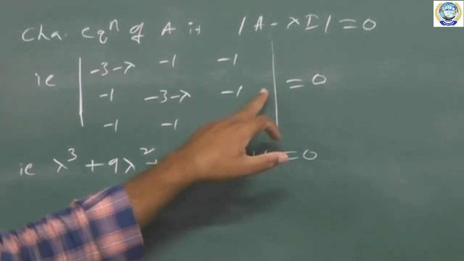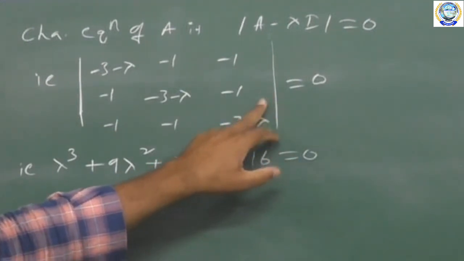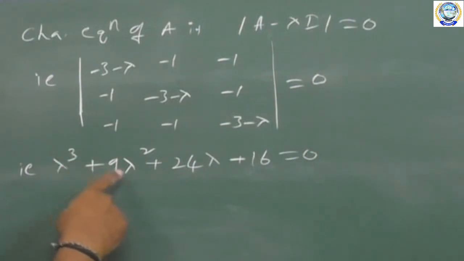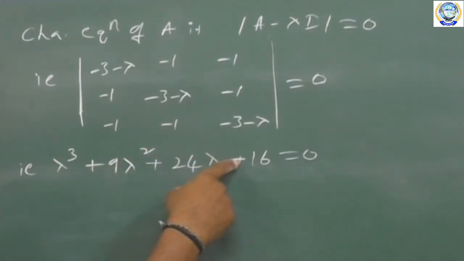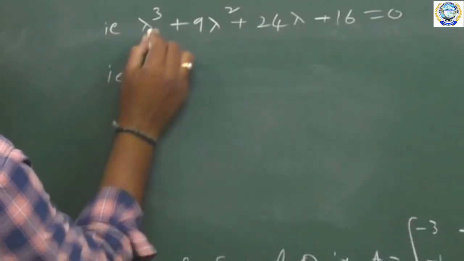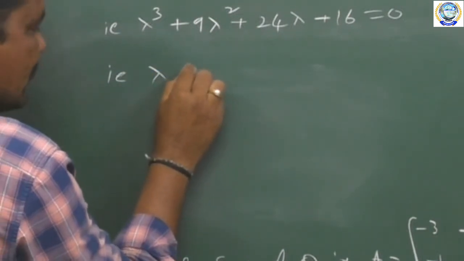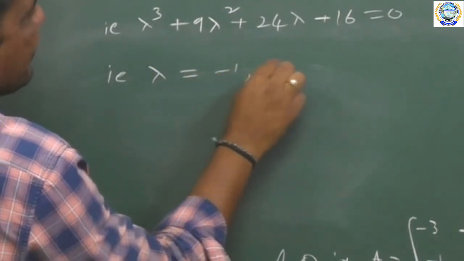To simplify the third order determinant, we get the equation λ³ + 9λ² + 24λ + 16 = 0. From this we get the three roots, that is λ = -1, -4, -4.